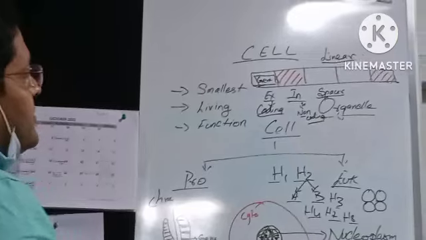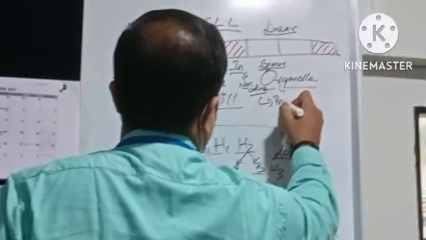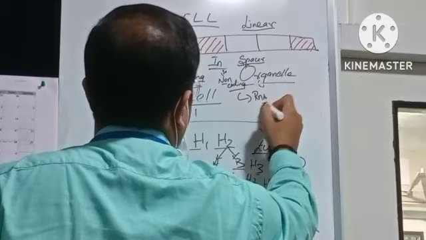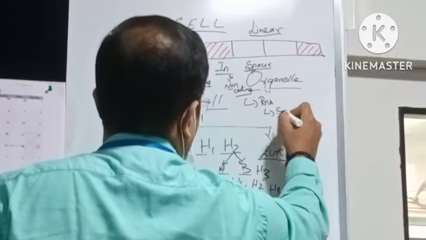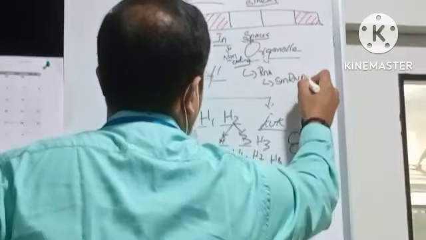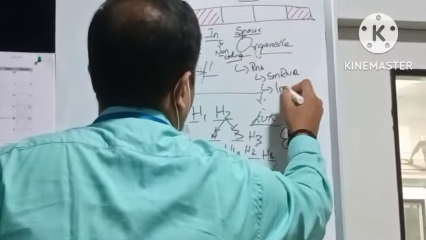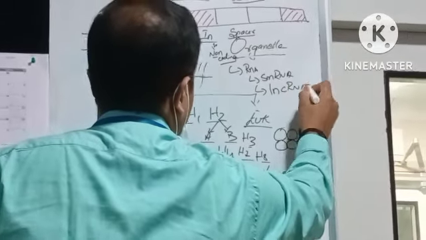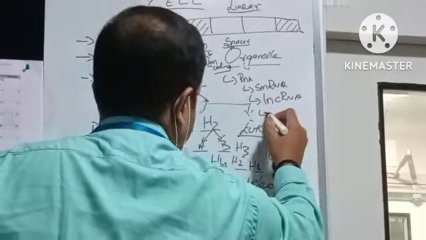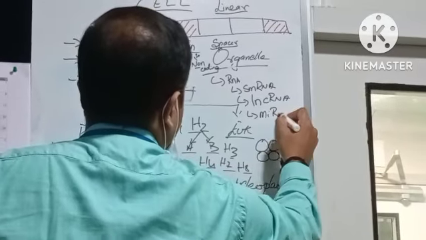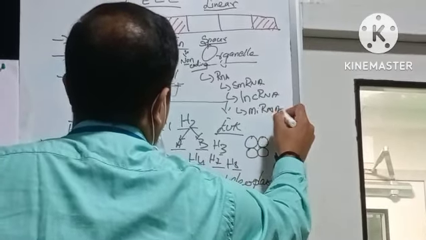Okay. So coming into non-coding areas, it contains all your RNAs. What kind of RNA? You have small RNA, you have long non-coding RNA, you have miRNA, that is microRNA.